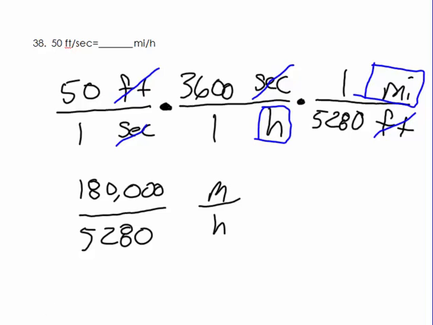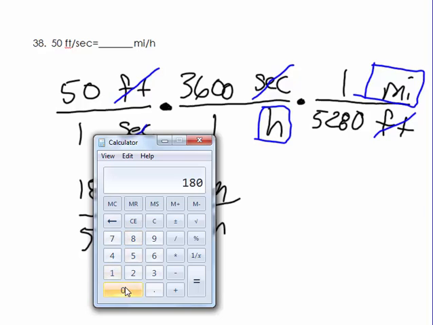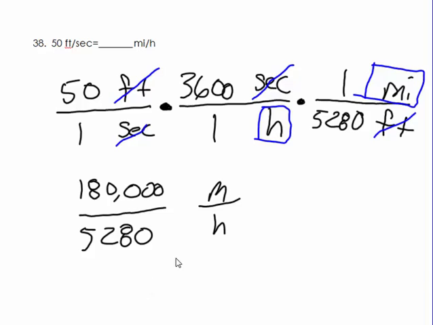Now in my calculator, I'm going to do 180,000 divided by 5,280. Now I can see that it's 34.090. I look at my third decimal, and it's a 0, so I don't change my second decimal. So it is 34.09 miles per hour, and that would be my answer.